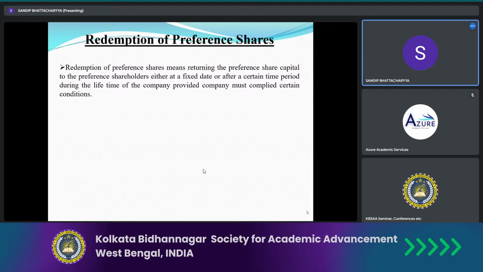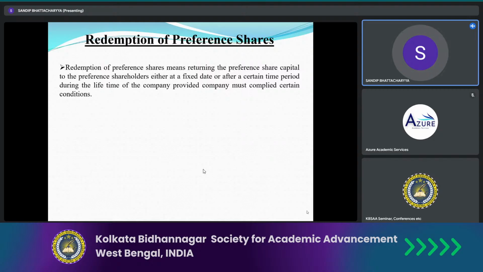In short, it is redemption of pref share, an important concept in corporate accounting that involves the repurchasing of preference shares issued by a company.